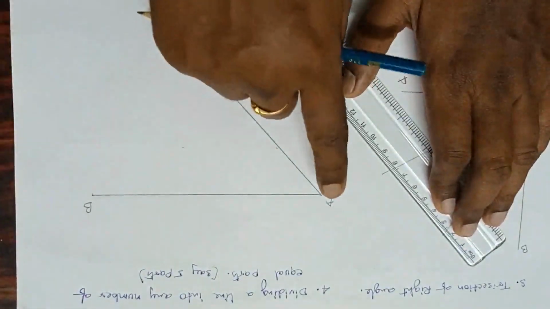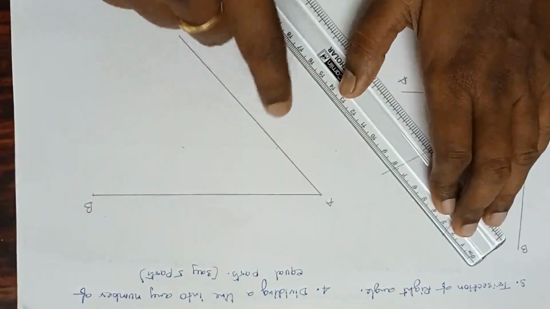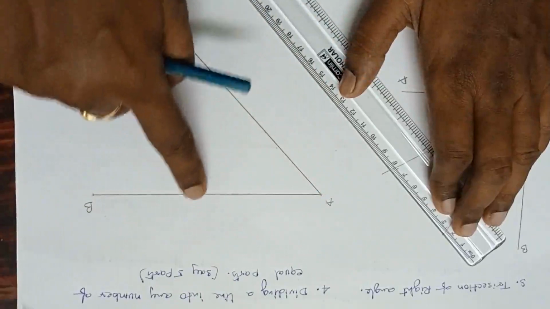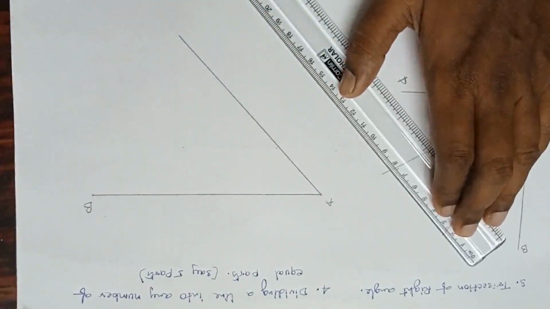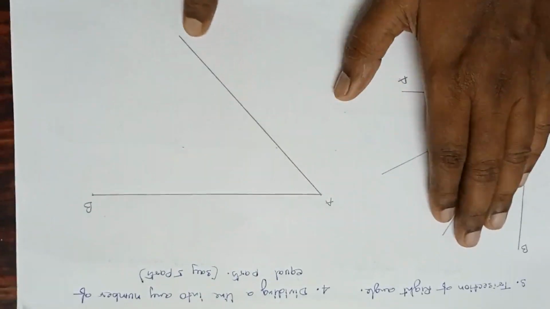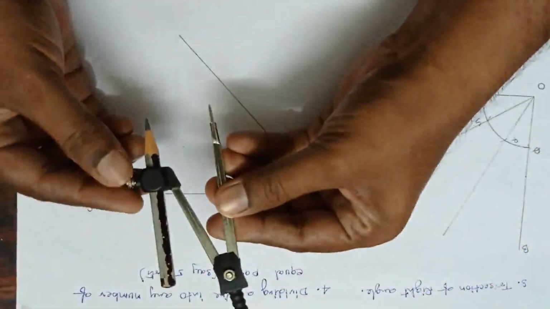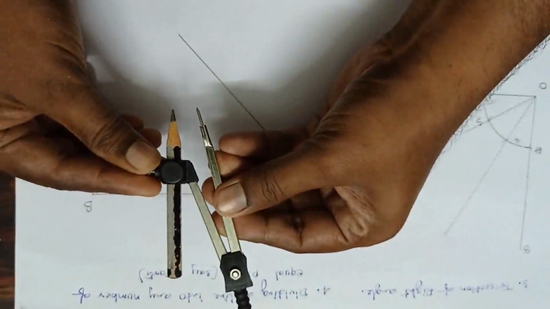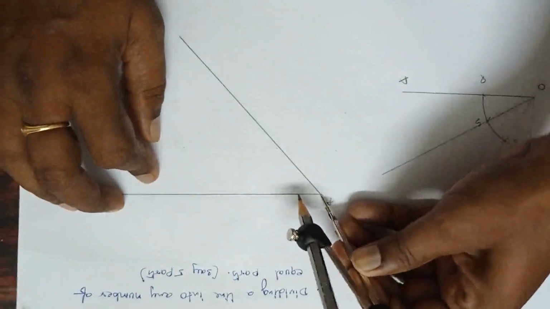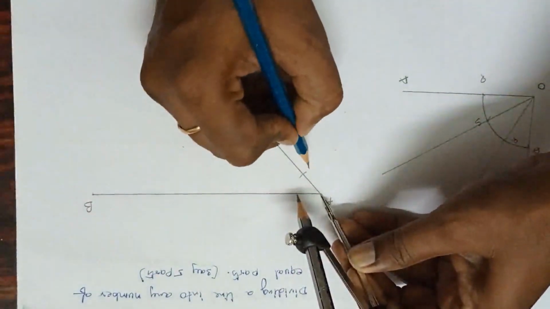Now I can divide this line into 5 equal parts with any radius. Take some radius, your wish. Now with A as a center, this is the first point.